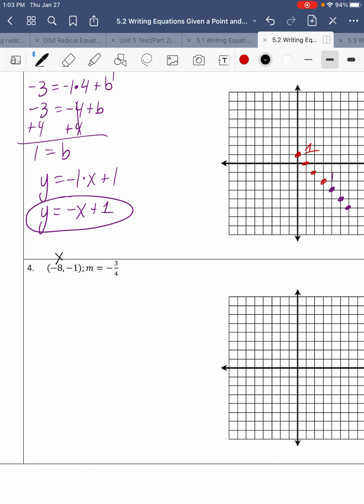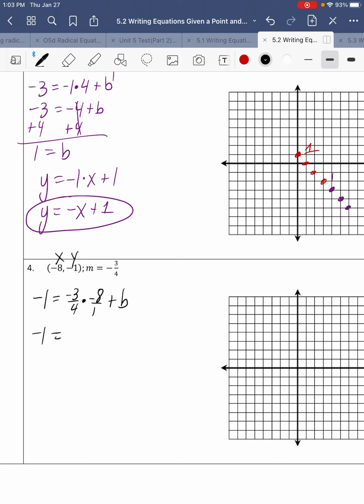So next one, we have x, y, and our slope. So -1 equals -3/4. I put the negative on top, times -8, and then plus b. We don't know what the b is.